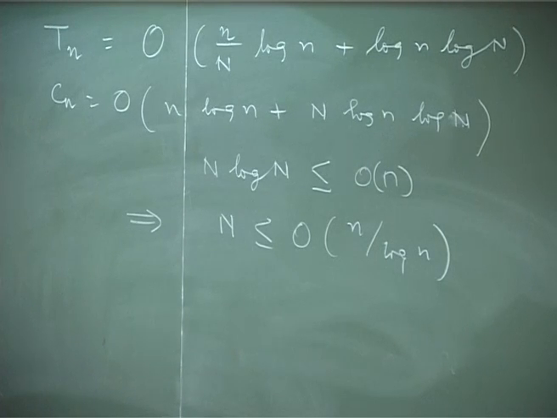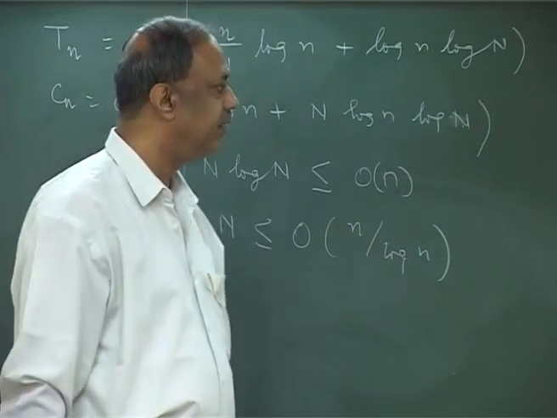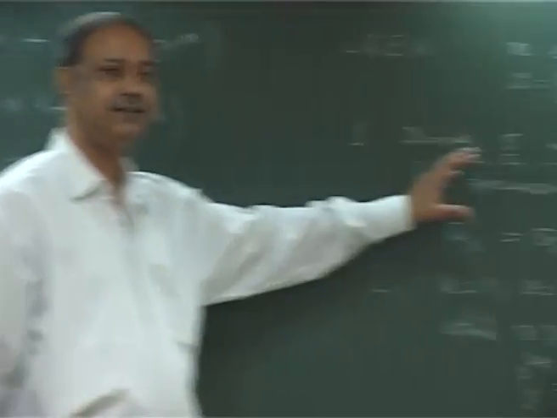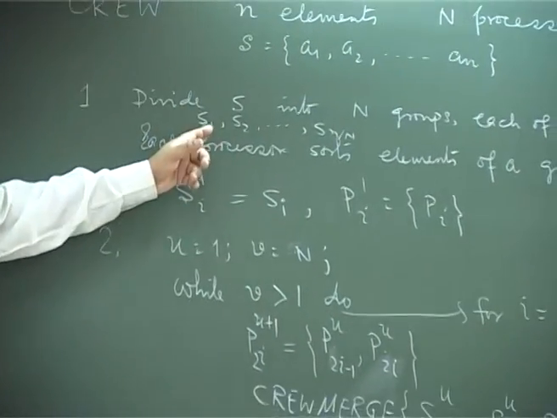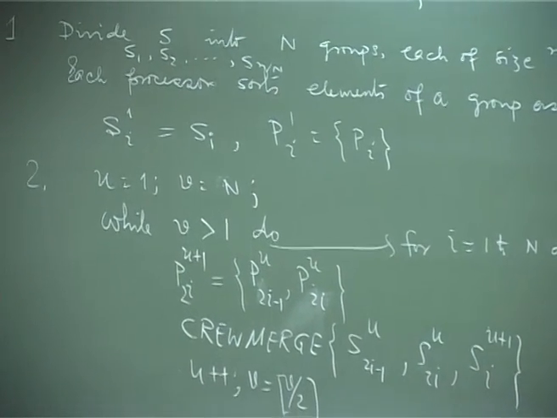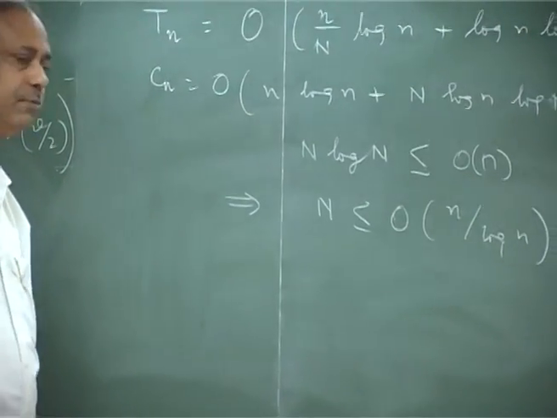Now if I use this one for the EREW model, you have to pay extra for this broadcasting, right? Because this is concurrent read, I thought. Now the broadcasting will take another log capital N factor, because capital N elements will be there, so you have to broadcast it.